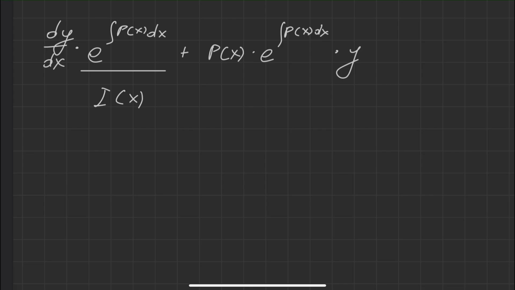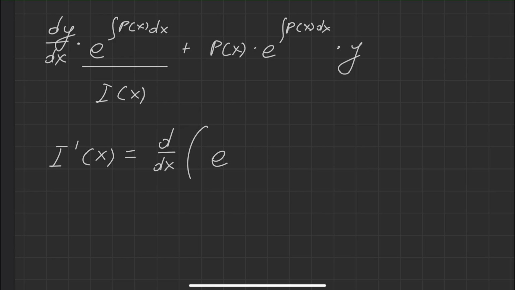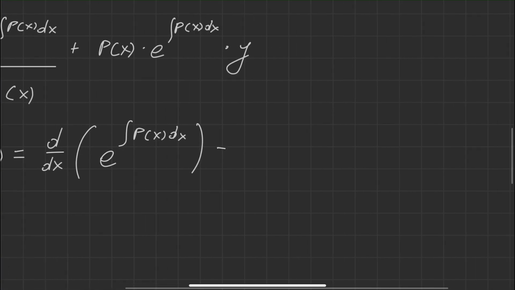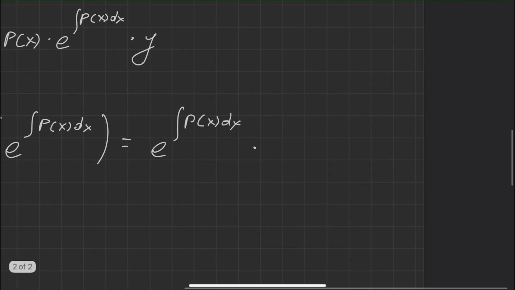Now, if we want to calculate the derivative of our I of x, this is nothing else than the derivative of this integrating factor, as we have previously defined it. So it is going to be nothing else than the derivative of the outer function, which is e to the power of the integral, times the derivative of the integral itself.